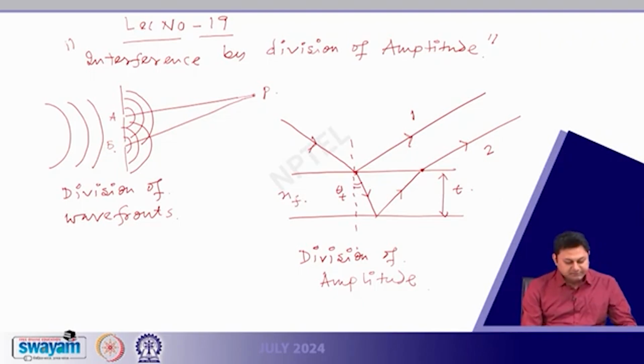With these three parameters, we try to find the path difference. If these three parameters are given for any structure of this form, one can find out the path difference. So let us do that in the next page.